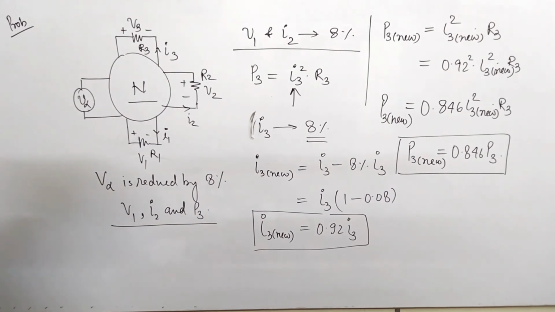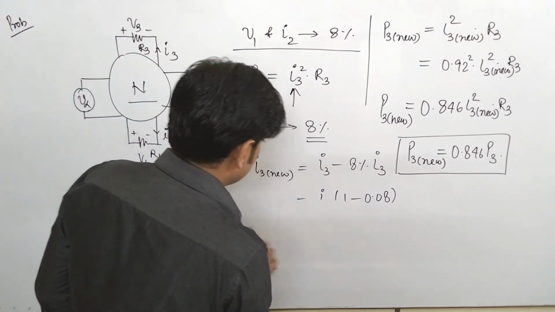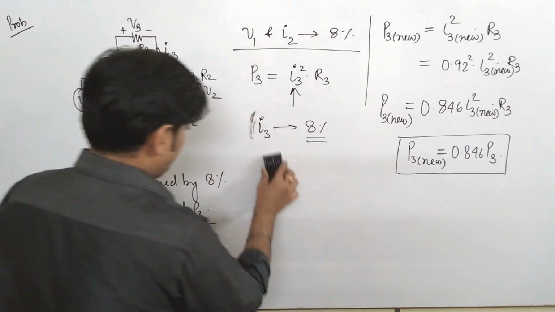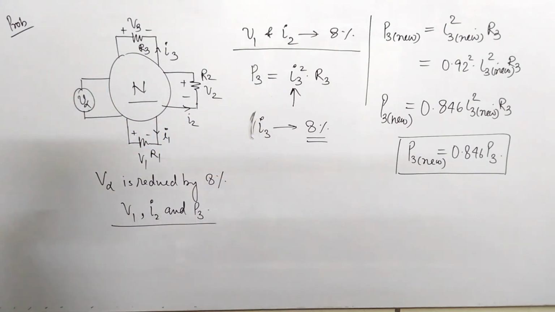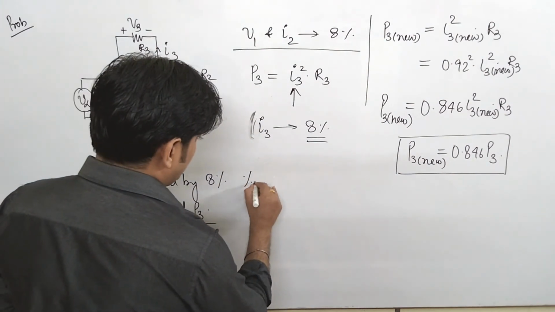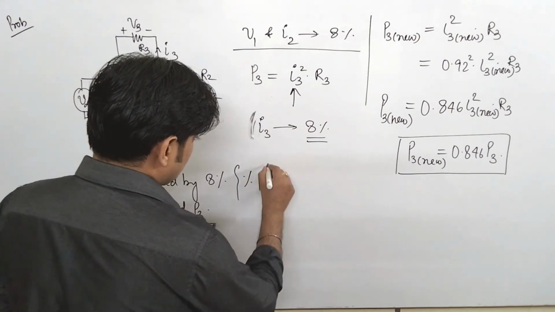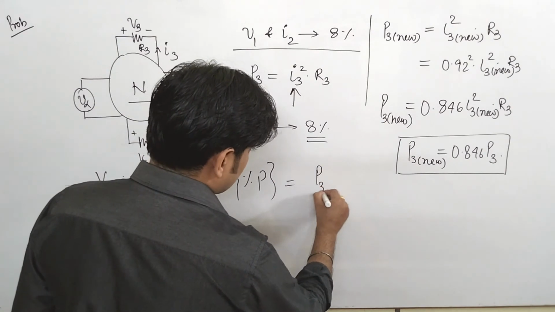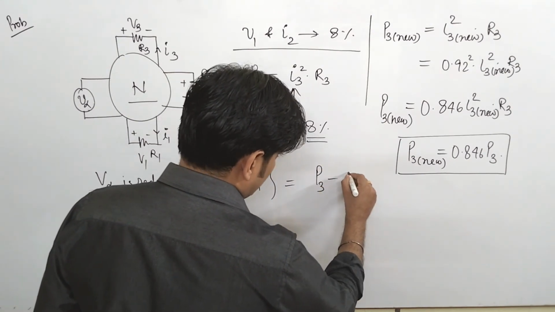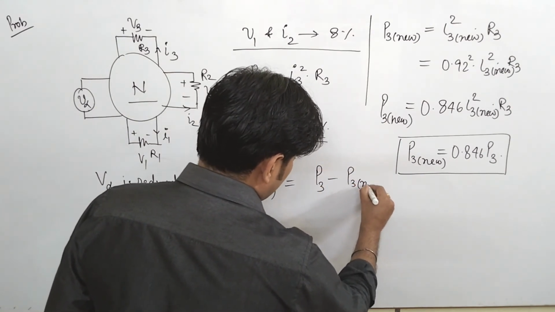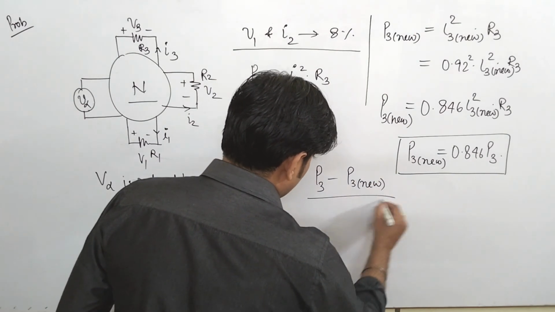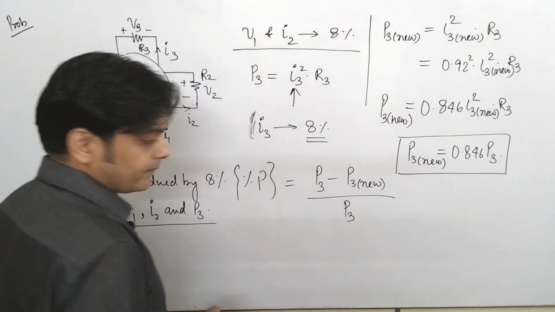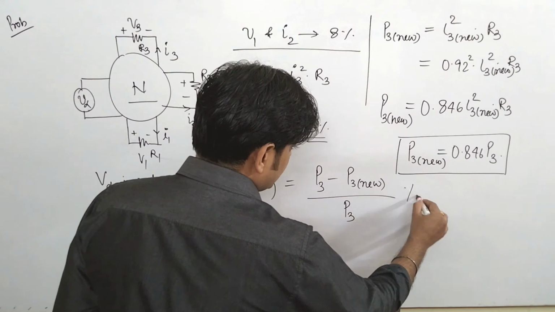If you have to find the percentage change in the power, it is your actual power P3 minus your new power P3 new, divided by P3. This value is in percentage.